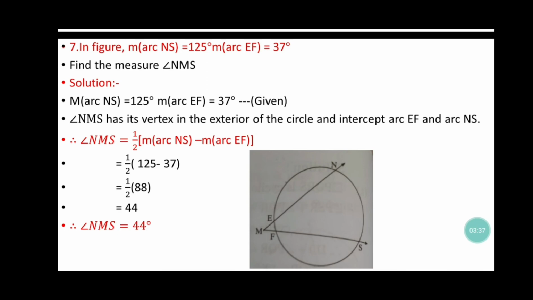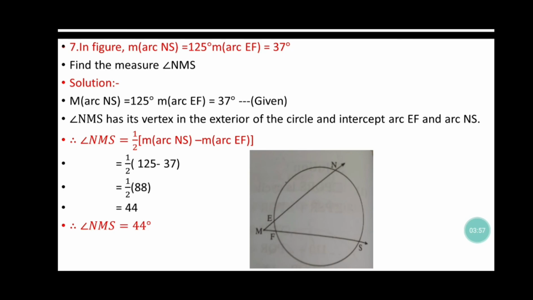And here we start with the solution. Measure of arc NS is 125. Measure of arc EF is equal to 37. So angle NMS has its vertex in the exterior of the circle and intercepts arcs EF and NS.